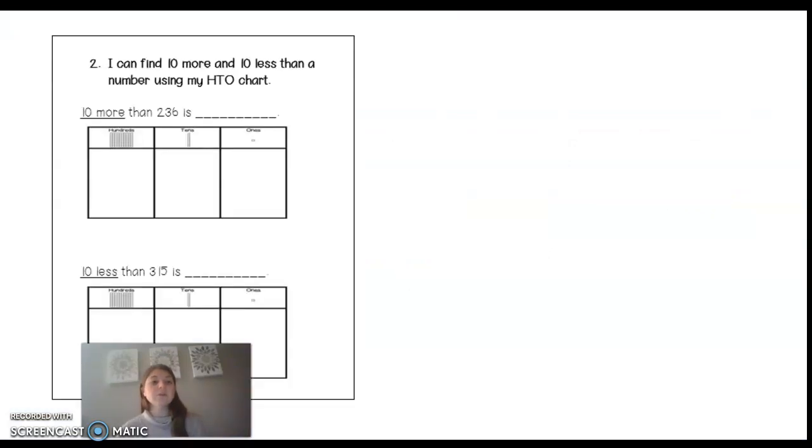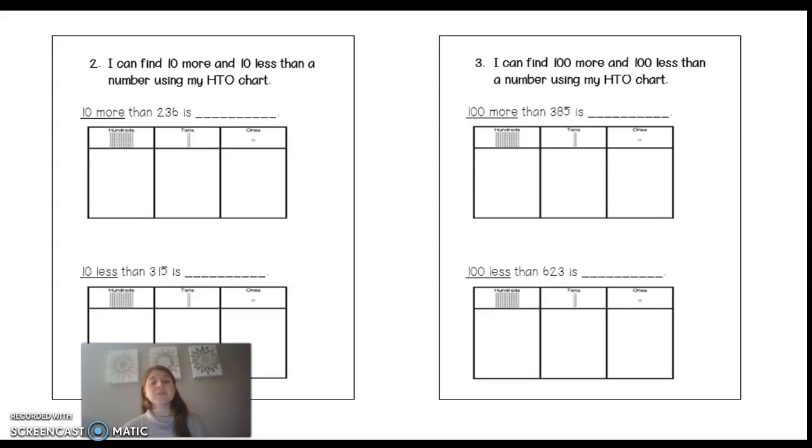So now you are going to look at pages 2 and 3 in your packet. You are going to be finding 10 more, 10 less, 100 more, and 100 less than each number shown. Make sure to use your 100 tens and ones chart on this packet to show your work.